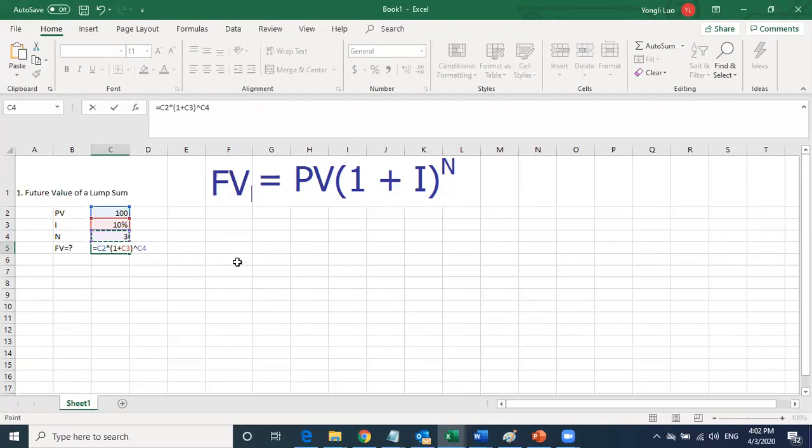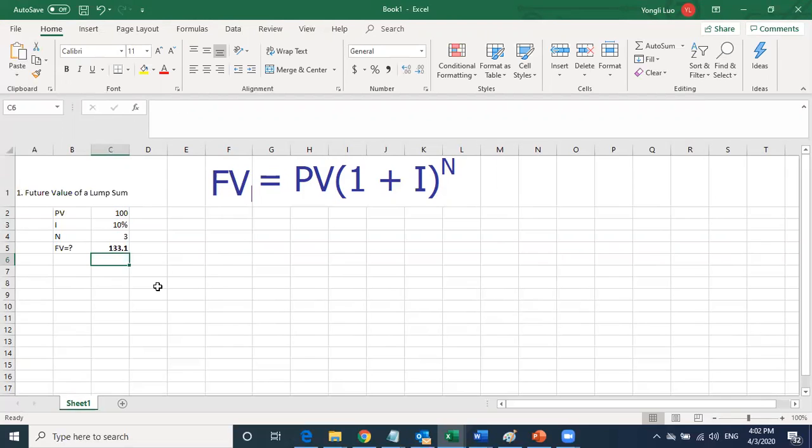Then click on C4 and press enter. See, you got $133.01.